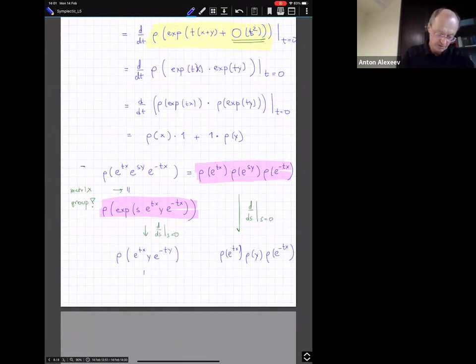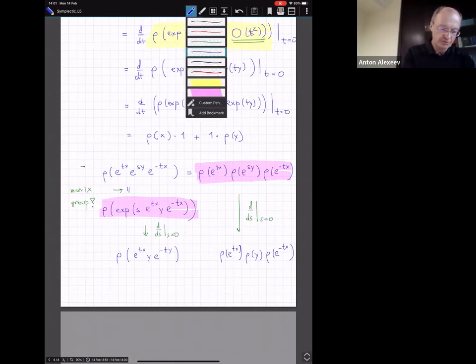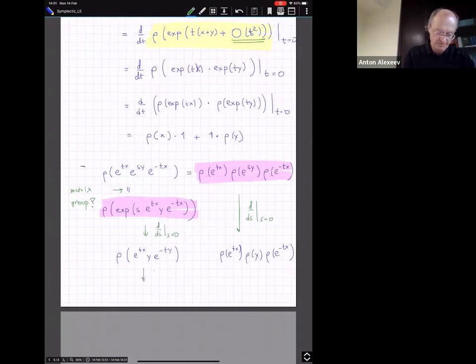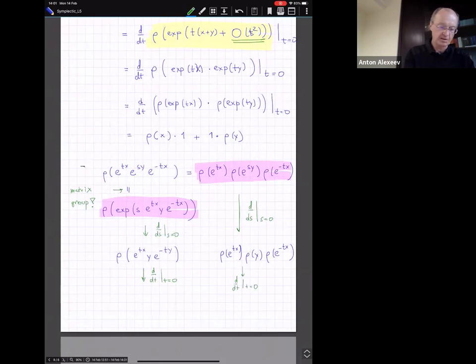Now I'm doing d over dt at t equals 0. On the left, since rho is a linear map, I can simply differentiate under the sign of rho, differentiating the argument over t.